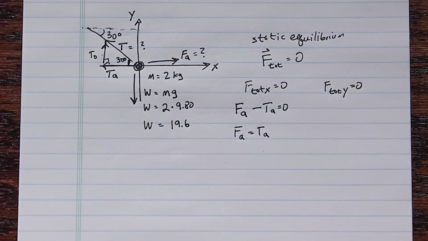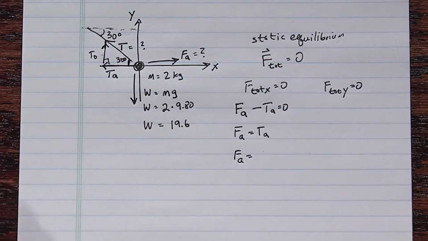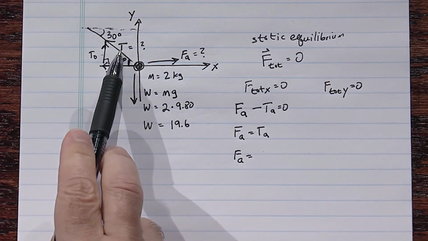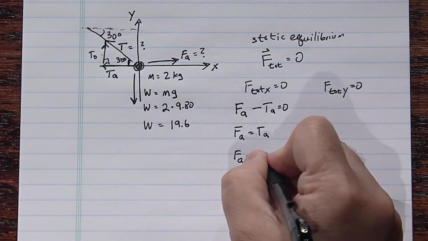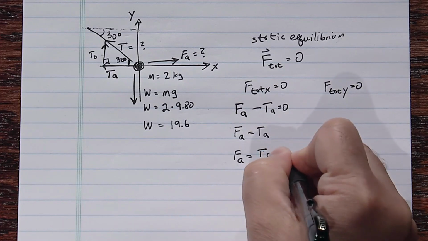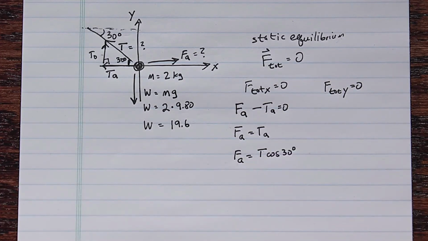And all I did there is I added T adjacent to both sides. And tension adjacent is equal to the hypotenuse times the cosine of the angle. So that would be tension times cosine of 30 degrees.